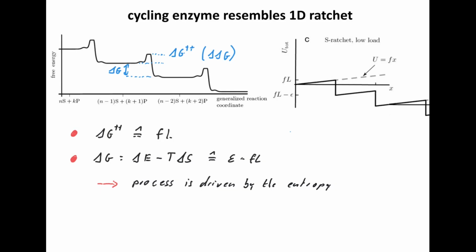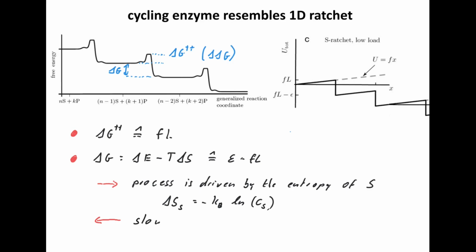By the chemical reaction we reduce the concentration of the ATP, the substrate, so delta S is negative in that case, and that means the process is driven by entropy of the substrate.